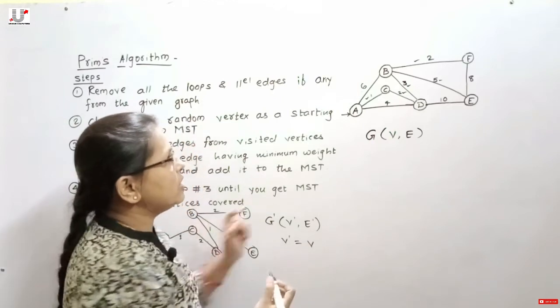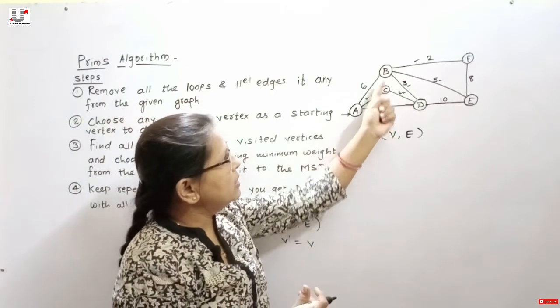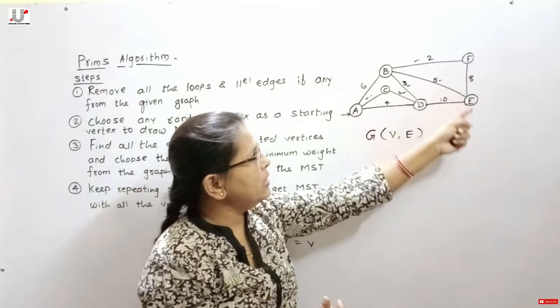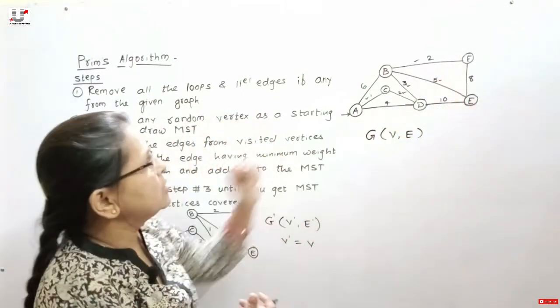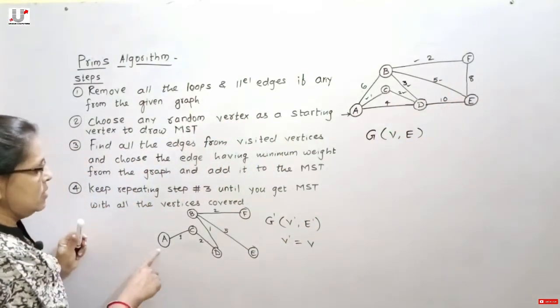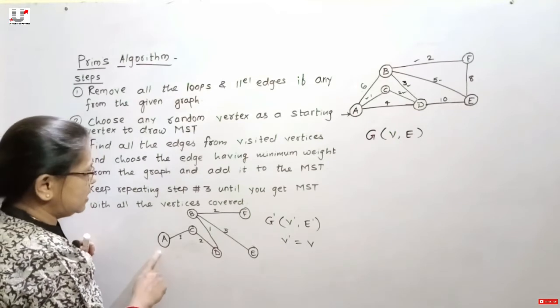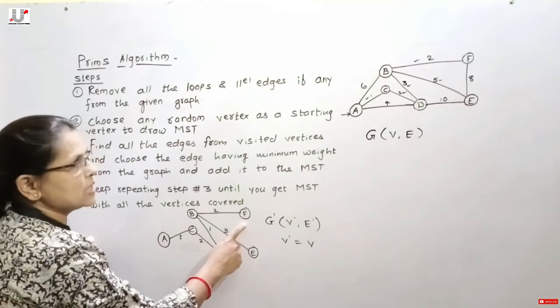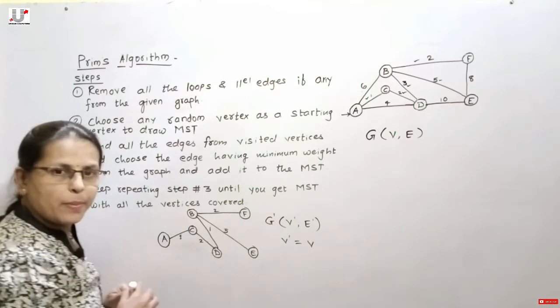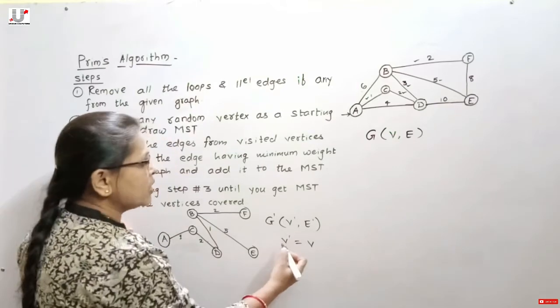So in the original graph there are A, B, C, D, E and F. These are the 6 vertices. So in the minimum spanning tree 1, 2, 3, 4, 5, 6. All the 6 vertices are present in the minimum spanning tree.